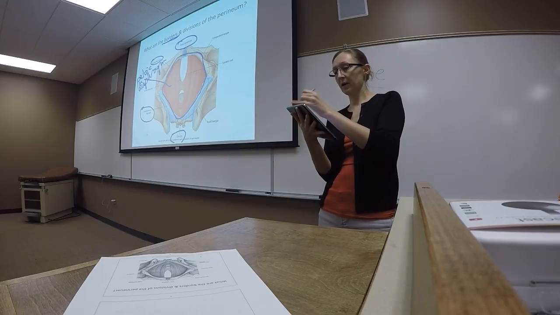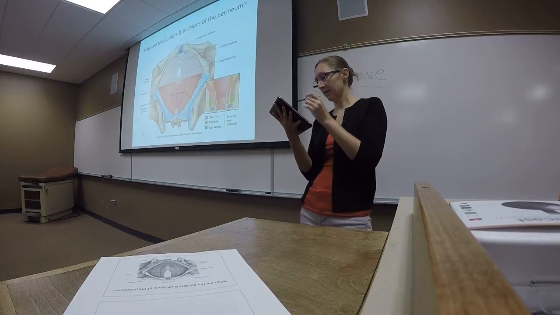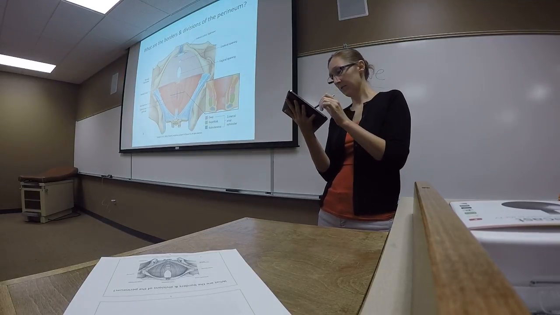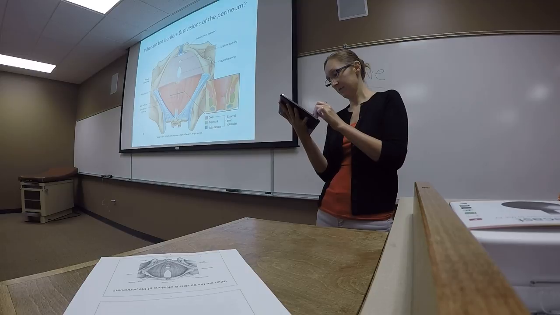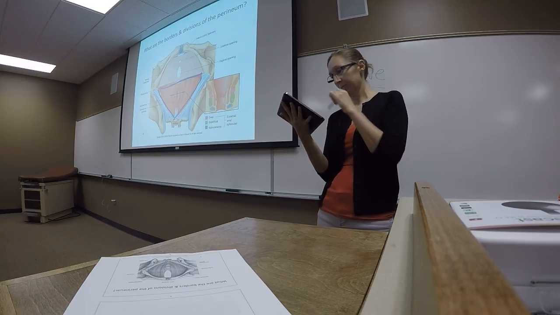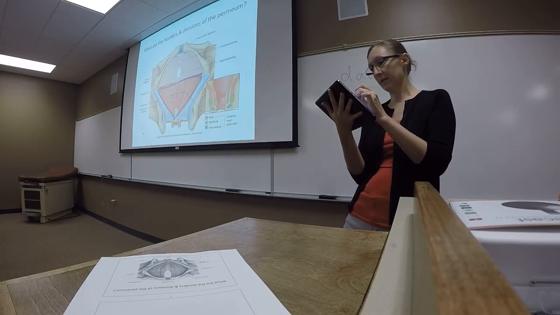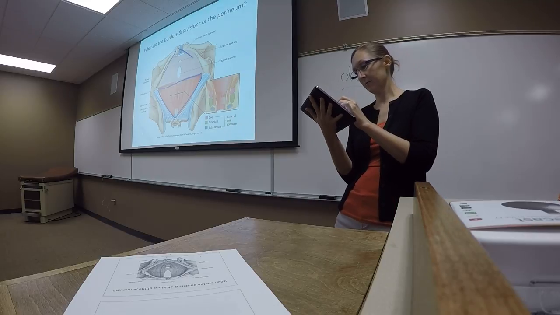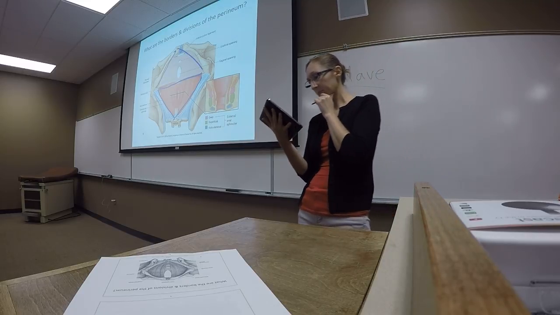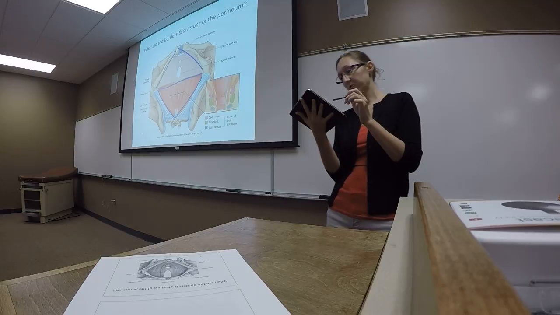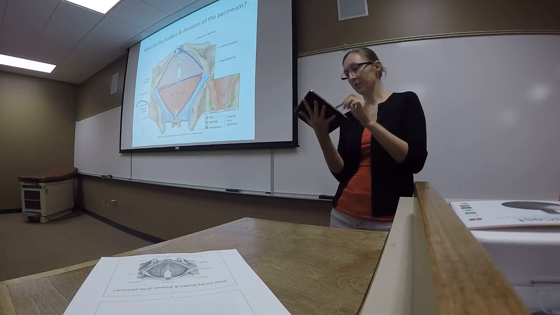Then we've got the divisions. So we've got the anal triangle here, and we've got the urogenital triangle on this side here. Of course, the anal triangle contains the anal aperture and sphincters.